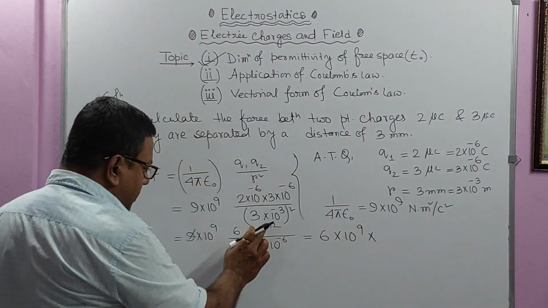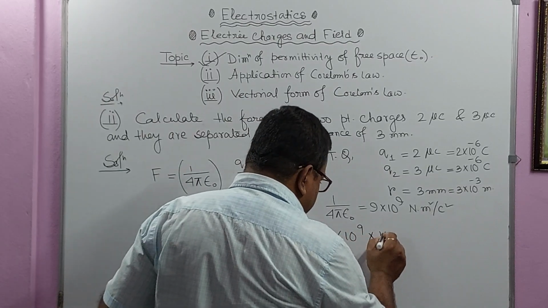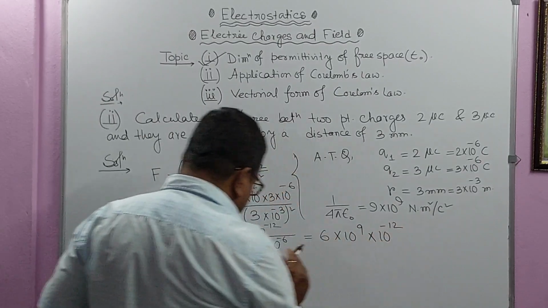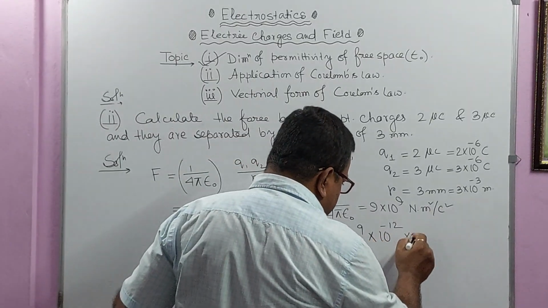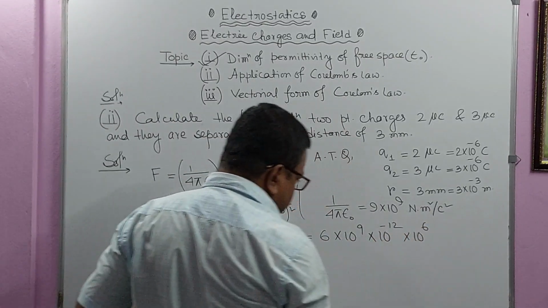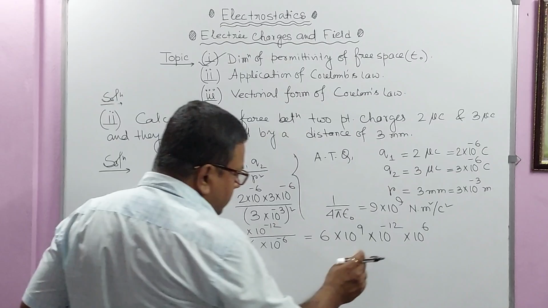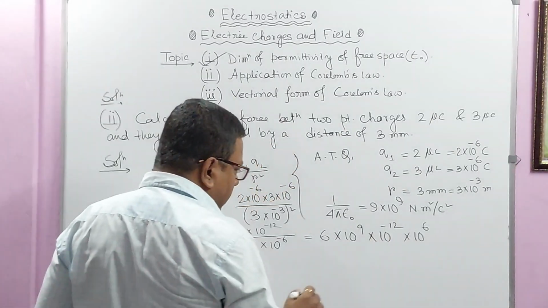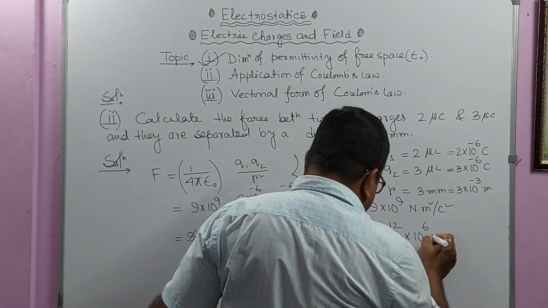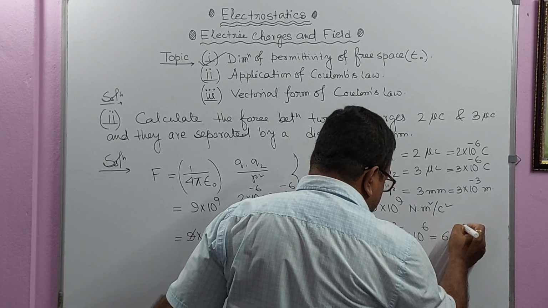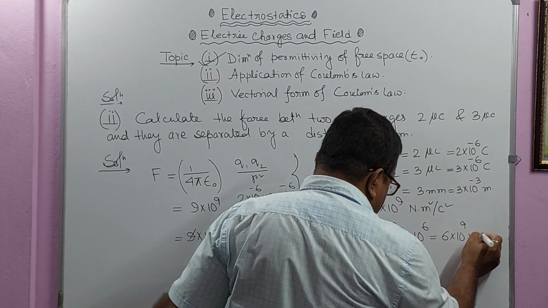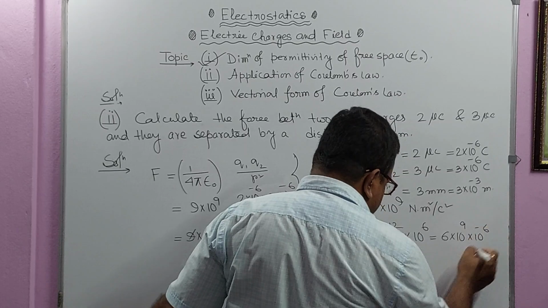then it's 10 to the power minus 12, and while it goes up, it becomes positive 10 to the power 6. So it becomes 10 to the power minus 6. So 6 into 10 to the power 9, then 10 to the power minus 6.